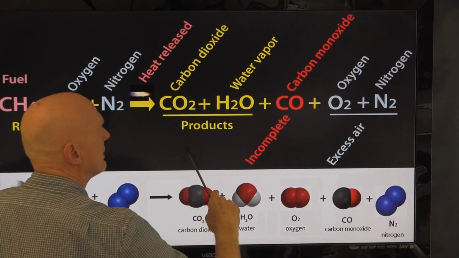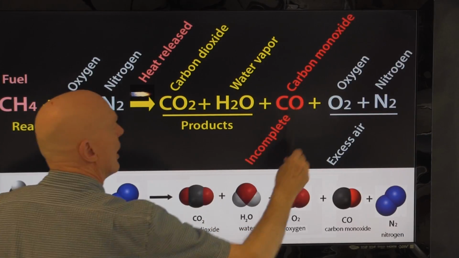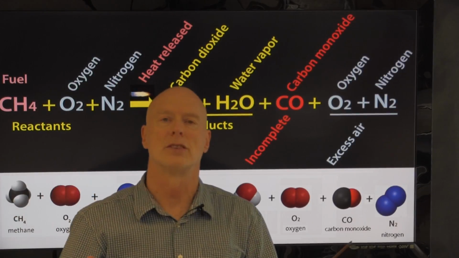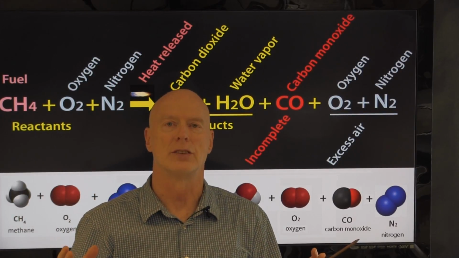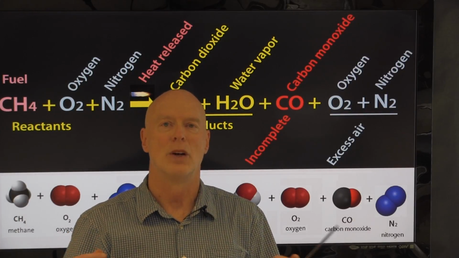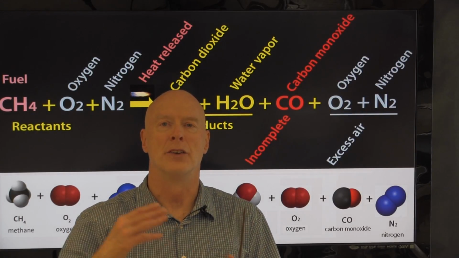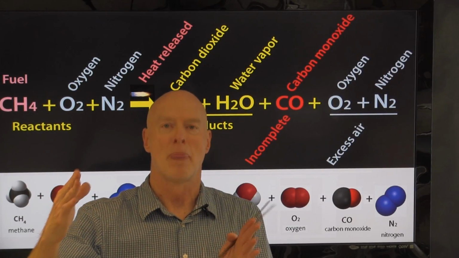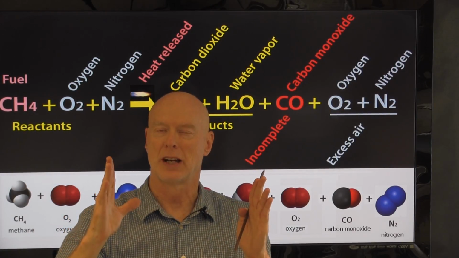We calculate steady state efficiency. It also calculates the amount of excess air. Excess air in traditional appliances is usually around 50%, which means that we have 150% of what we need for ideal or perfect combustion.